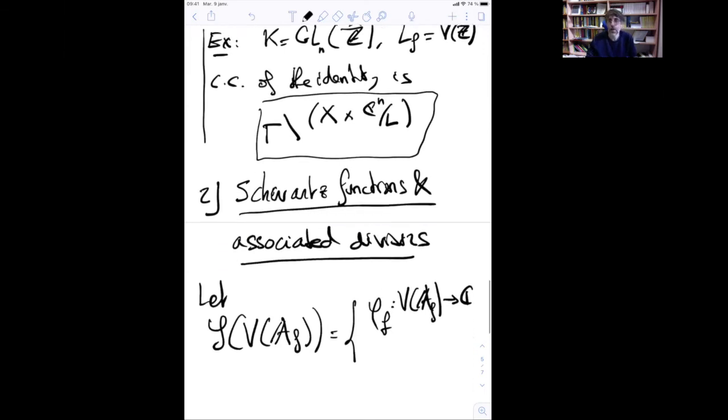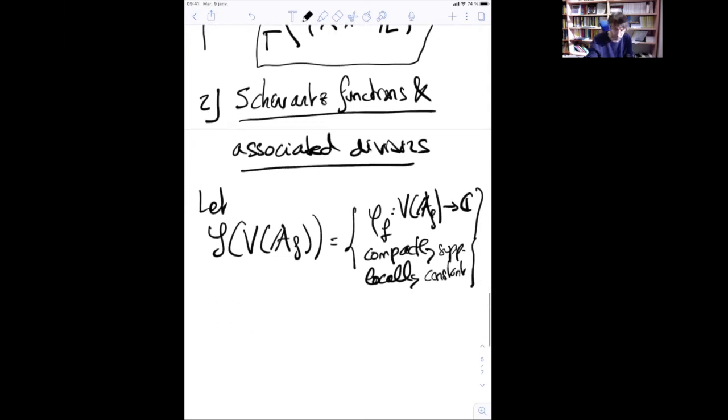I could consider values in Q or in Z, but let me consider C values for the moment, that is compactly supported and locally constant. In other words, it is periodic with respect to some lattice, and the support is contained in another lattice.